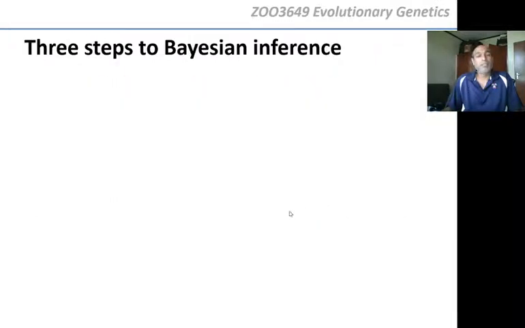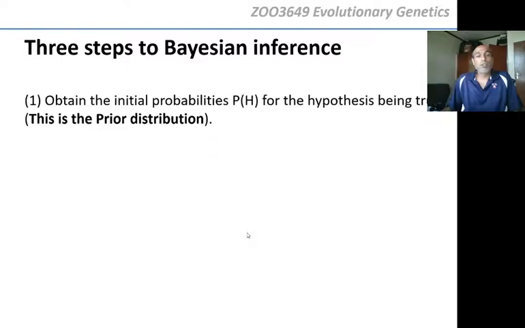So, what are the three steps of Bayesian inference? First is to obtain initial probabilities for the hypothesis being true, in other words, obtain a prior distribution. You need to get other information for the hypothesis being true without starting to use the model.